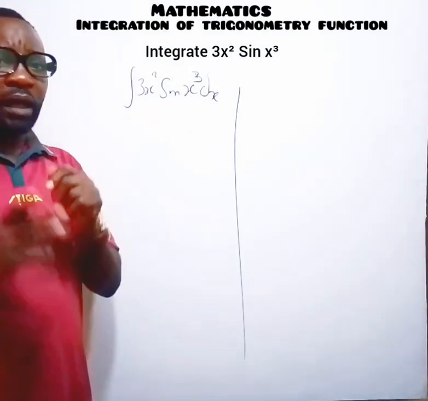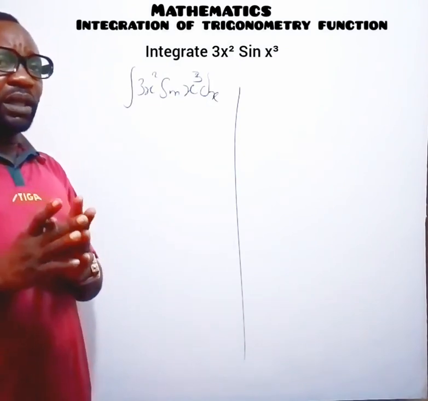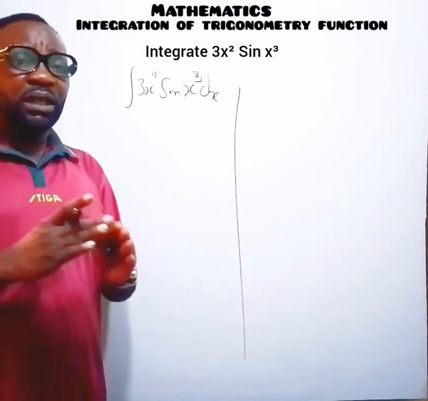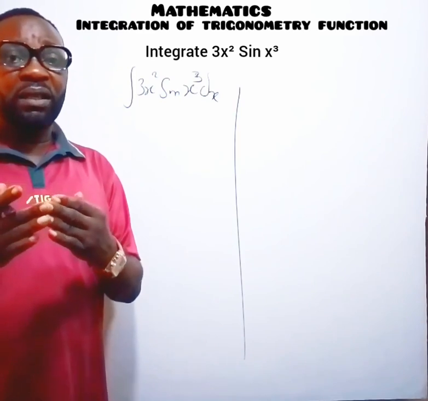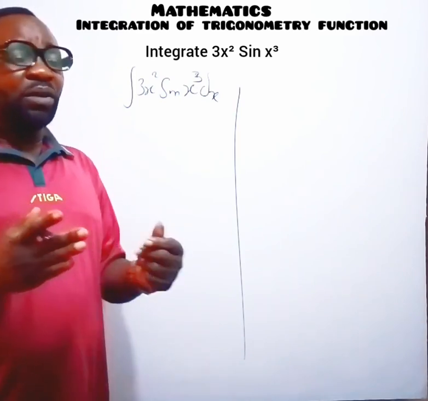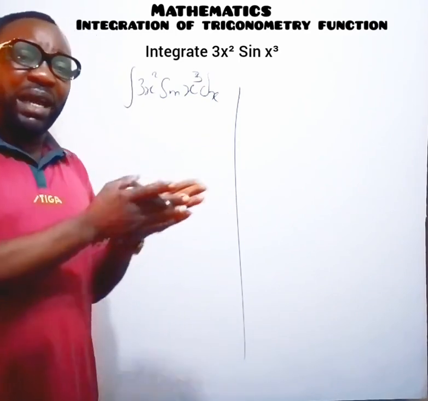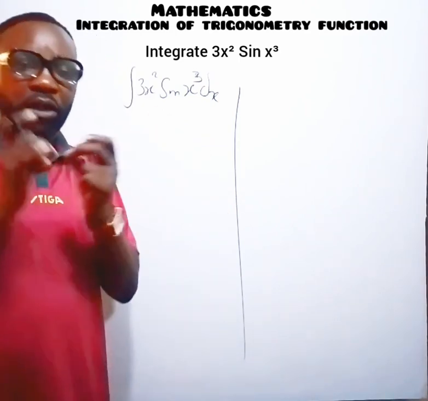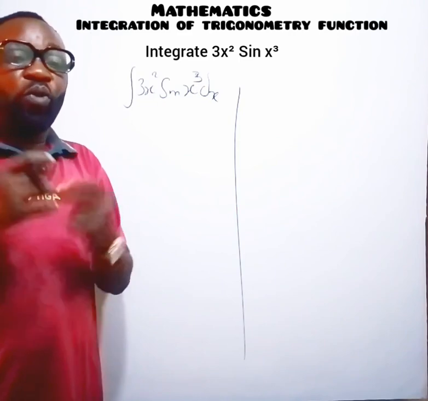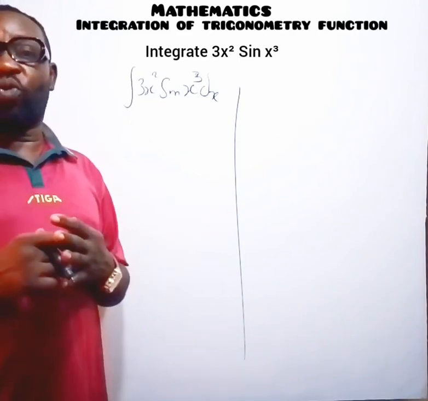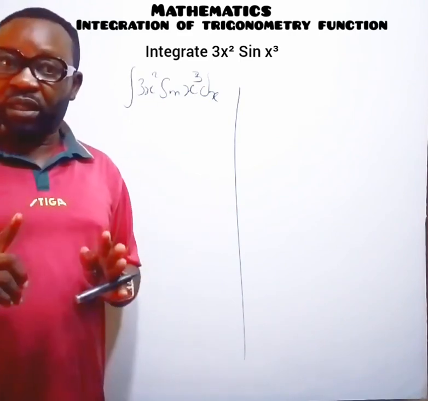Looking at it very well, if one of them is differentiated, that particular one compared to a particular expression there is going to become the same value, which eventually will be able to cancel one another out. That is our intention here.